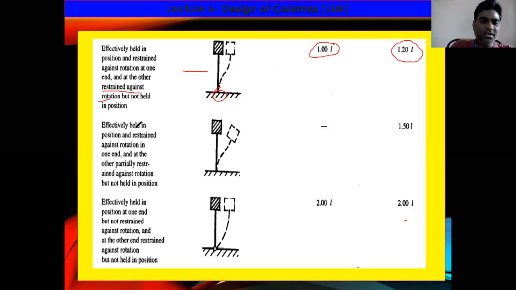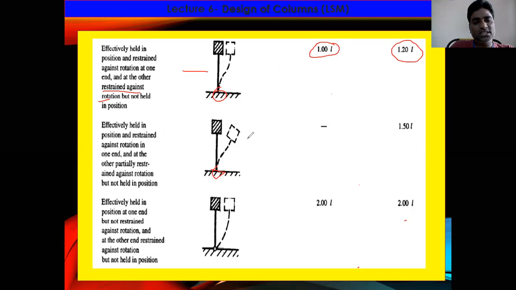Similarly, effectively held in position and restrained against rotation at one end, that means one end is fixed, and at the other end partially restrained against rotation but not held in position.